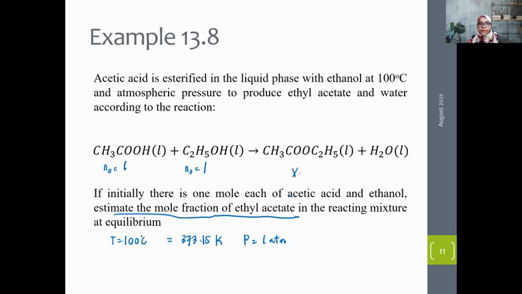So what is the mole fraction for ethyl acetate? Since the reaction operates at lower temperature and pressure, we can conclude the reaction is in an ideal solution. First, we have extracted all the information.